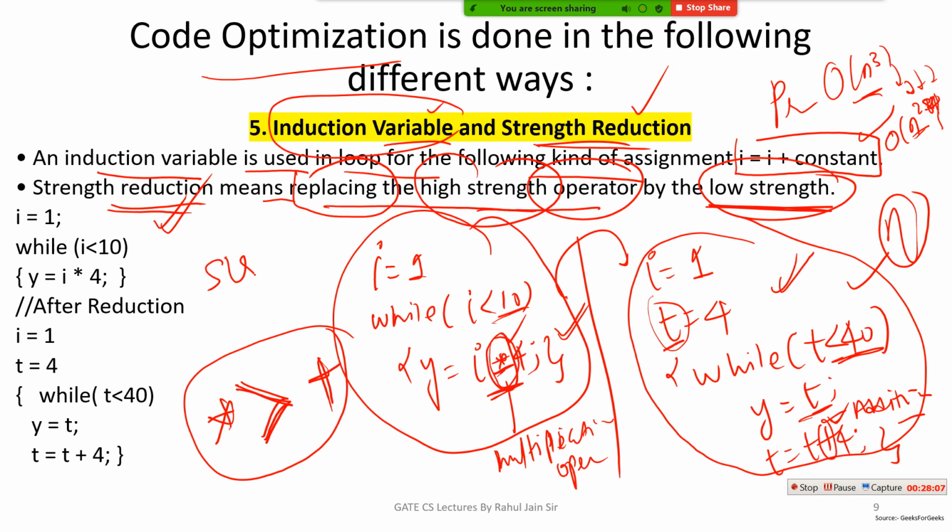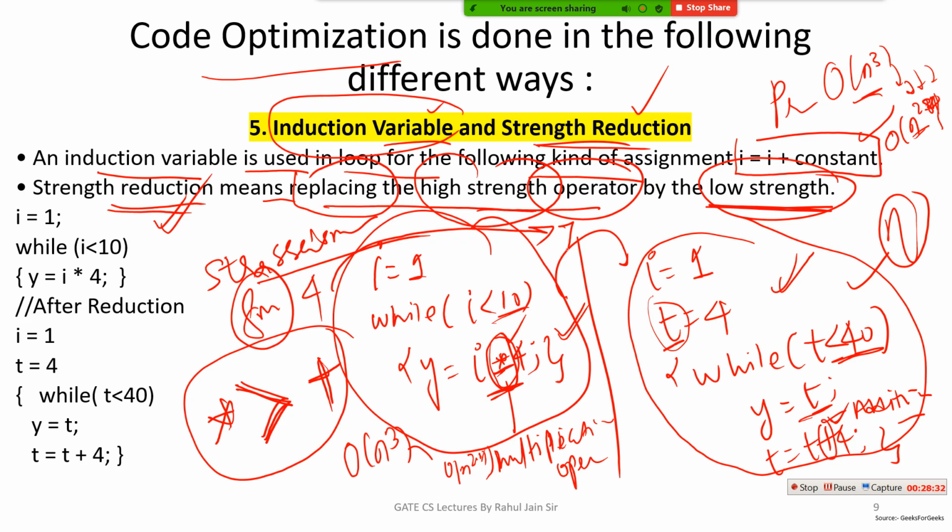In Strassen's matrix multiplication, we have reduced the complexity of the matrix multiplication from order of n cube to order of n to the power 2.71, like that, because earlier we had 8 multiplications and 4 additions, but by optimizing this code with Strassen's multiplication, in place of 8 multiplications we are doing 7 multiplications, but our additions go higher, from 4 to 16, while our multiplications are reduced to 7 from 8.